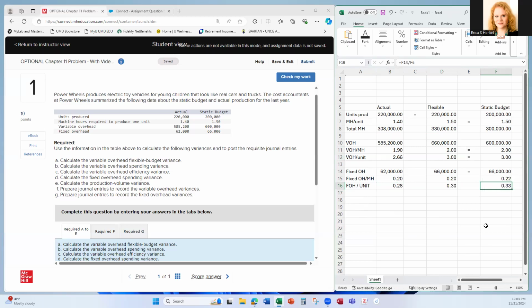So this is kind of a review of some of the stuff we did in our earlier chapters, but I'm just walking through this because it's a lot of calculations and we want to remember these relationships here, right? All right, so our total overhead then is going to be the variable overhead plus the fixed overhead, right? So B10 plus B14.